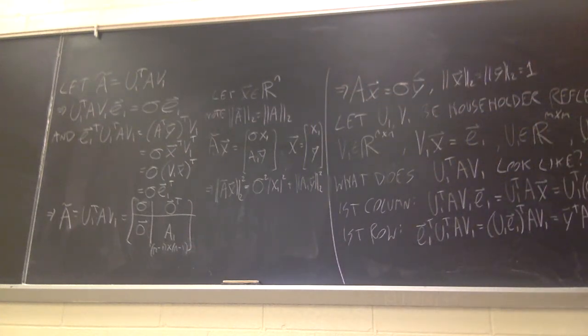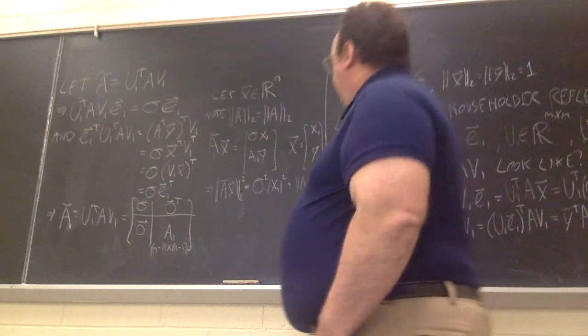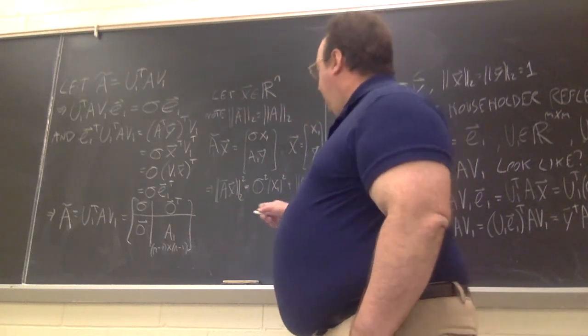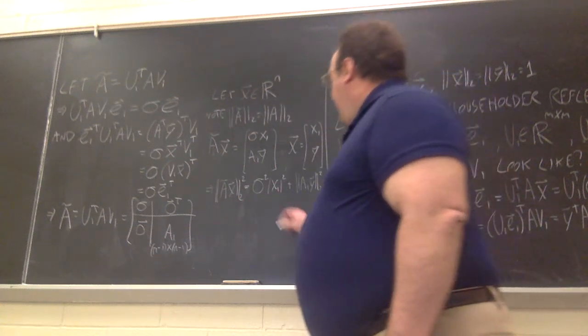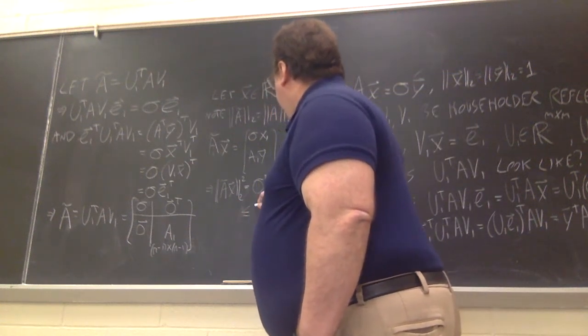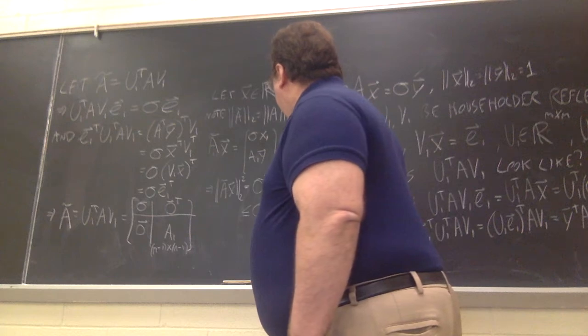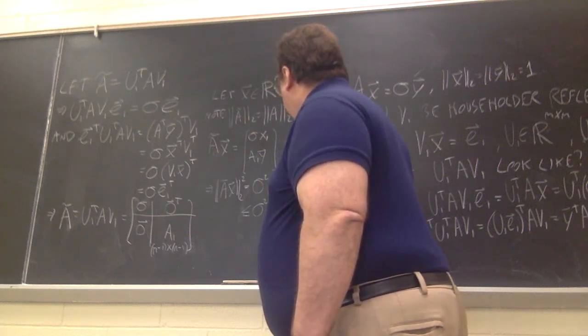Okay. Now, what we also know is that this 2 norm squared has to be less than or equal to sigma squared times the norm of x squared.